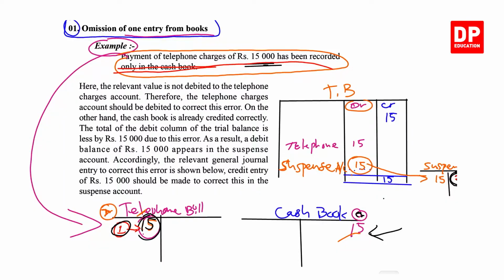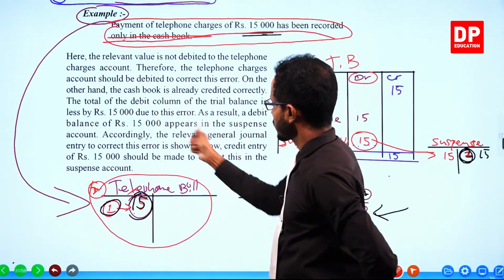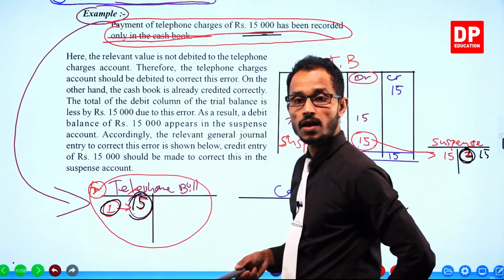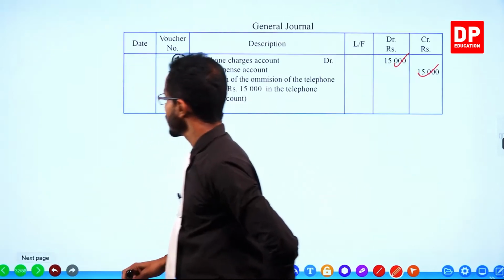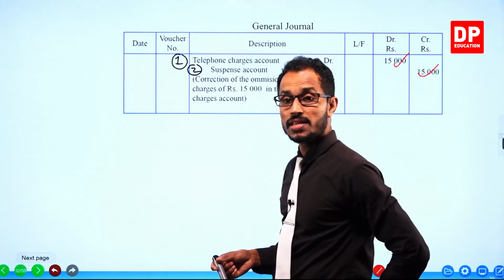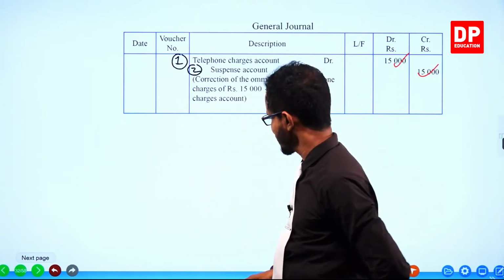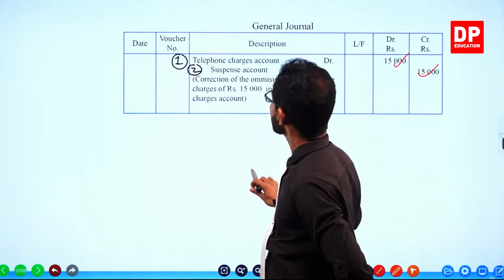That is this. You can go through the text. Straight away I'm going to go to the next example.